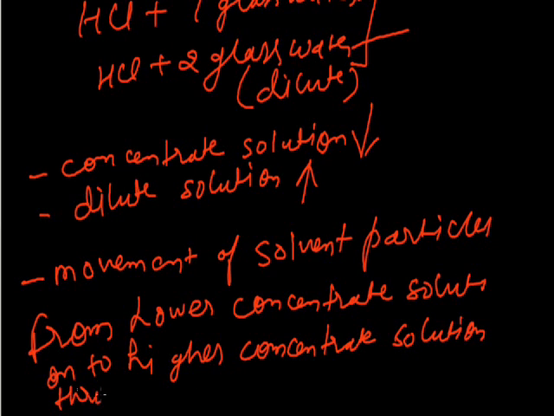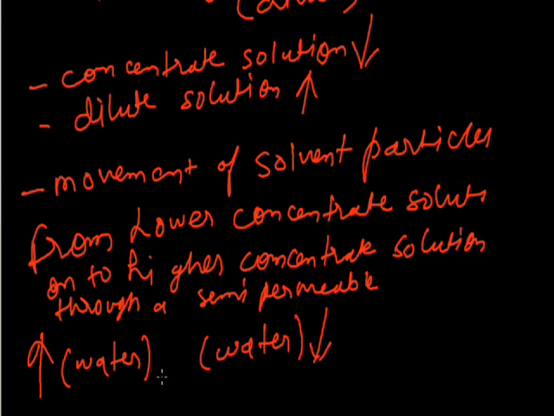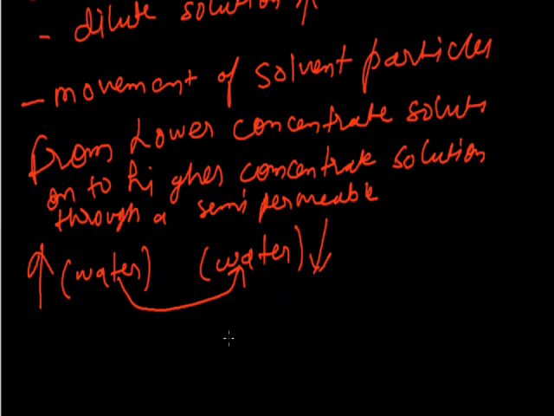through a semi-permeable membrane. This definition is also a good definition for osmosis, because the lower concentrated solution has more amount of water and the higher concentrated solution has less amount of water, so the water will move from lower concentrated solution to higher concentrated solution.